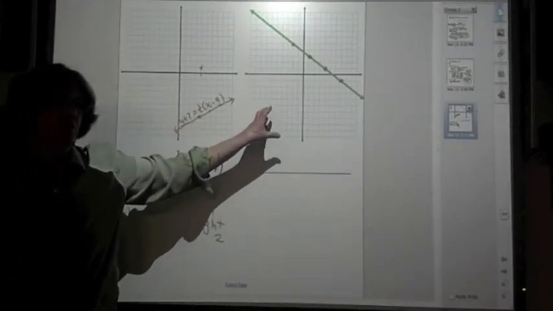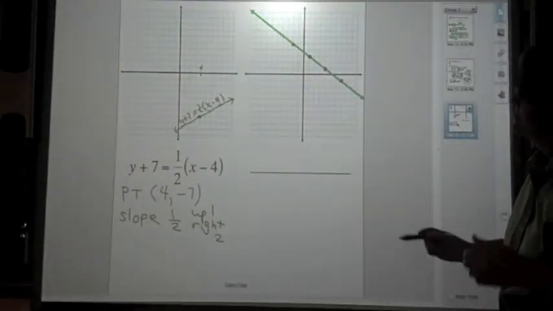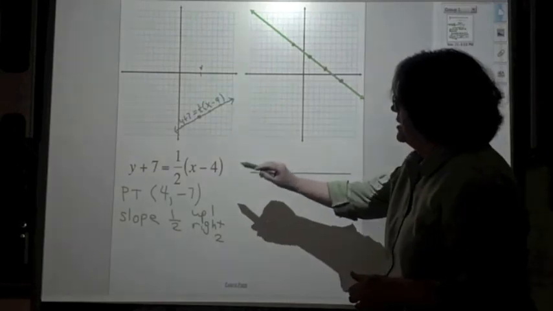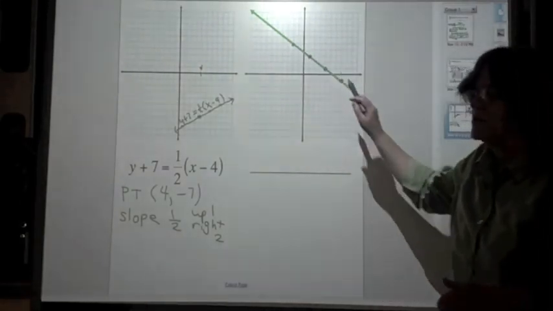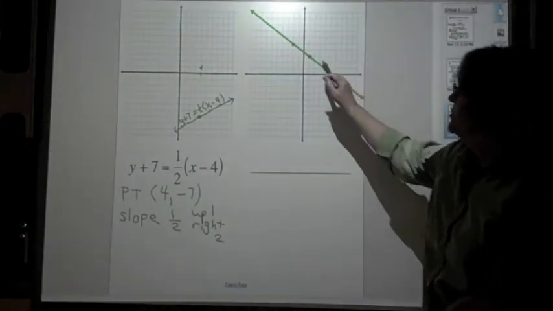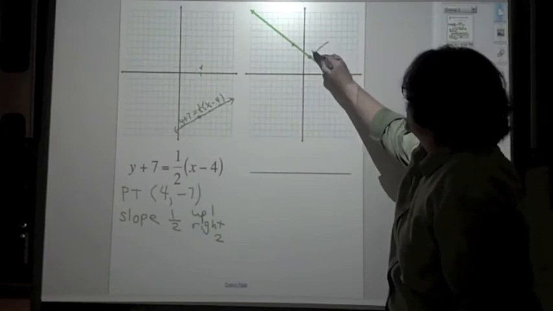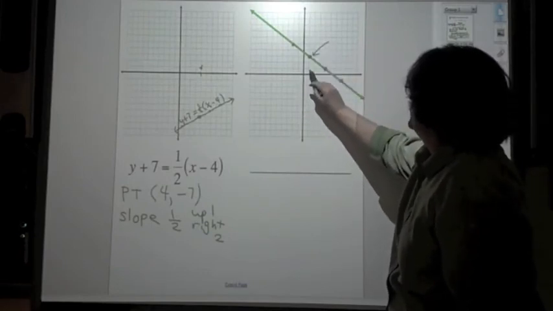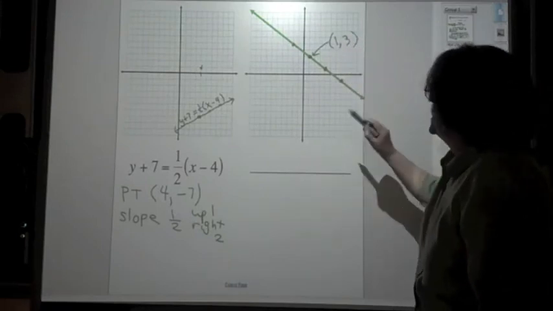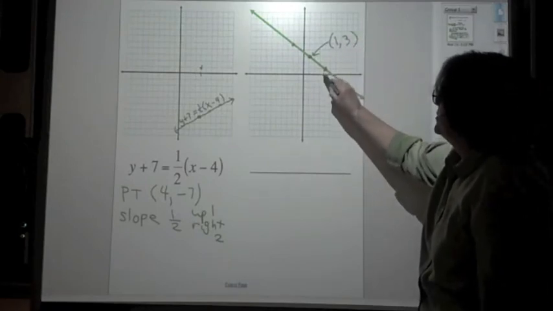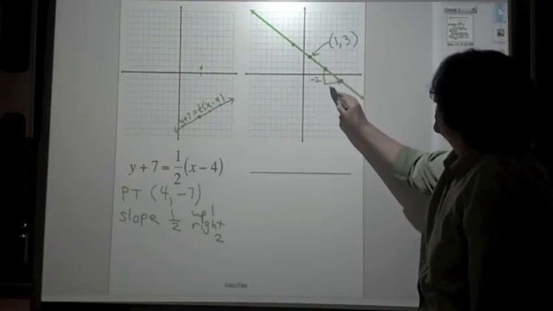Now let's look at going from the graph to the equation. Once again, we're not going to work with the y-intercept. We're going to work with one of the points and the slope. I pick that point. X is 1, y is 3. Then my slope, this time I'm going down 2 and then to the right 3.